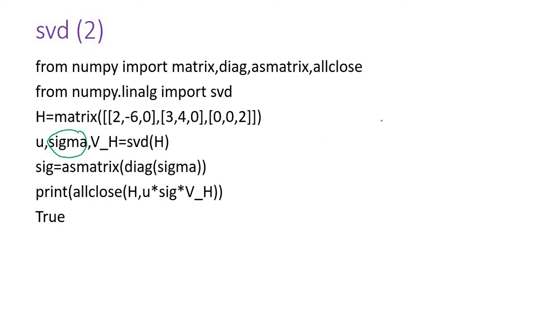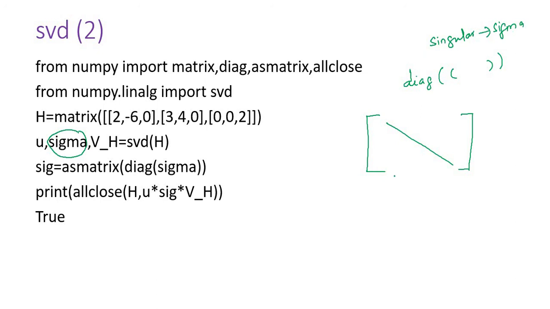If you have the diagonal elements, they are the diagonal elements of the singular matrix. So using the diagonal command, if you give all those values in brackets, you will get the singular matrix. From the singular values stored in sigma, you can get the singular matrix. Now you multiply U, sigma matrix, and V Hermitian, that should give the actual H.